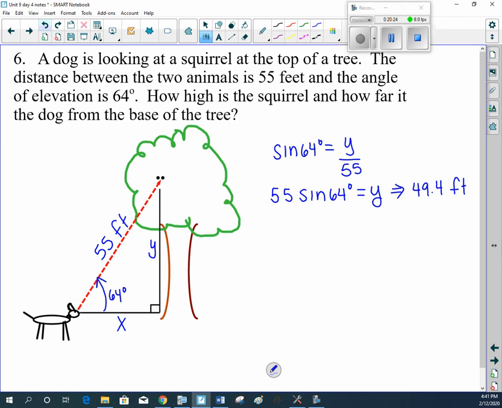And then I'm going to do how far is the dog from the base of the tree. So see, like in this example, we're just kind of assuming that the dog and the eyeballs and the height of the dog are all on the ground. We're kind of disregarding all of that. We're just assuming it's just a point on the ground. So then we're going to say cosine of 64 degrees equals adjacent over hypotenuse. And I'm going to solve that for x by multiplying both sides by 55.